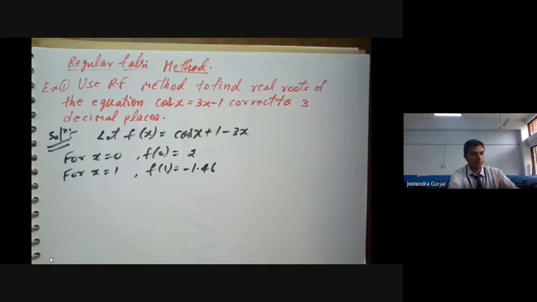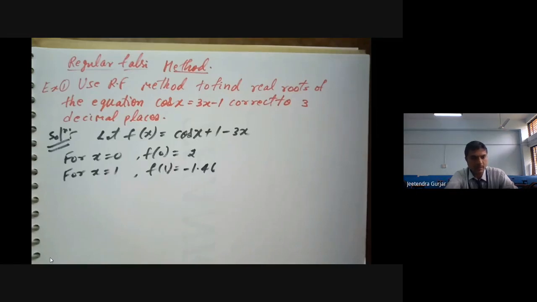If x is equal to 0, substitute in f of 0 in the above equation. You can see cos 0 plus 1 minus 3 into x, that is x is 0. So cos 0 is 1, 1 plus 1 is 2, directly you will get.